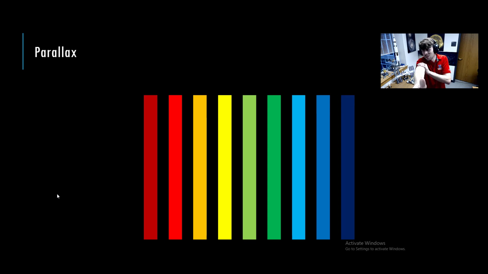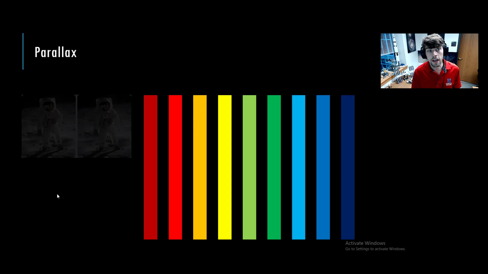When I switch to my right eye, it's viewing at a slightly different angle, and so I see my thumb appear to jump to a different position with respect to the background. That is the parallax effect.